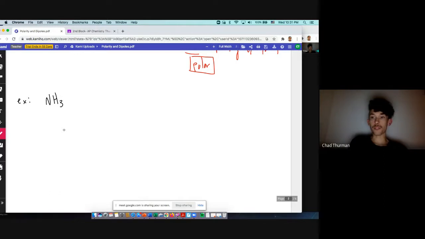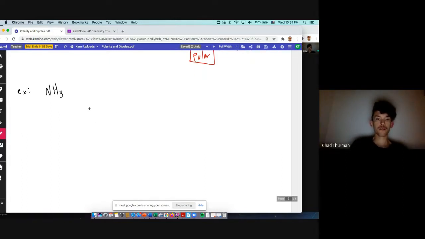I'll give you all a moment to try this one. Really simple Lewis structure, really simple shape. You guys should all know this already.